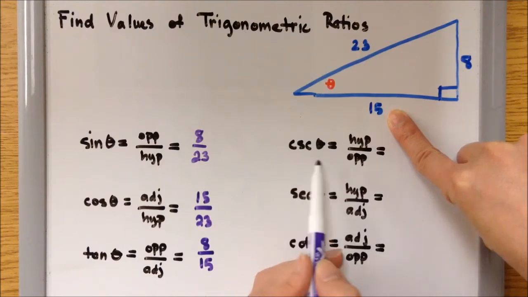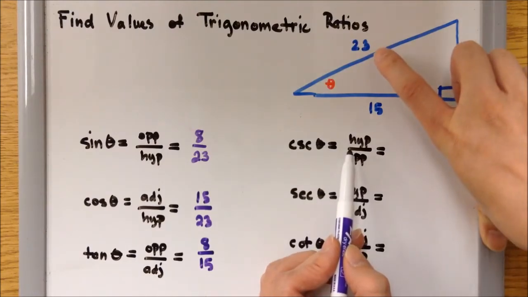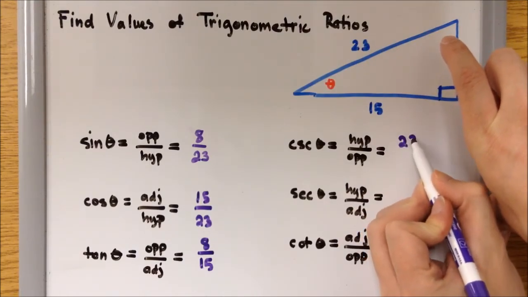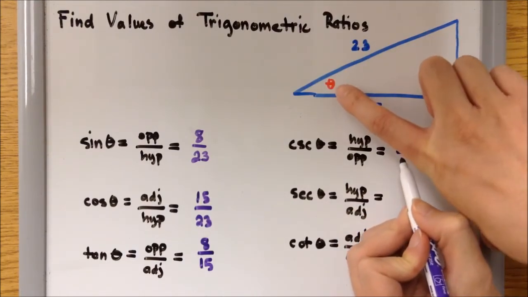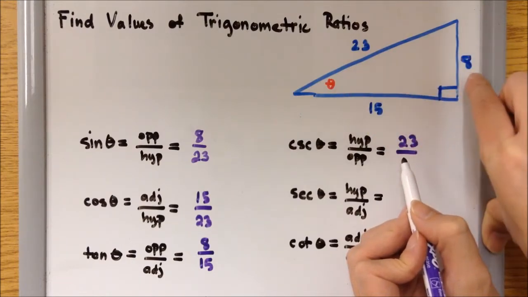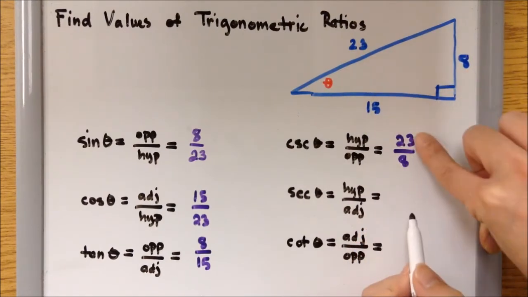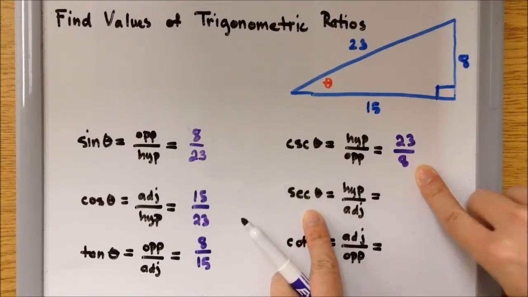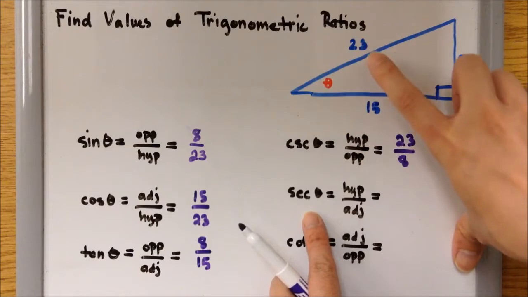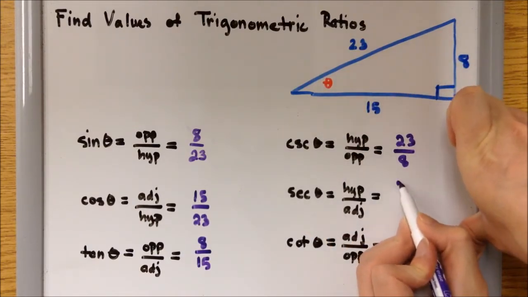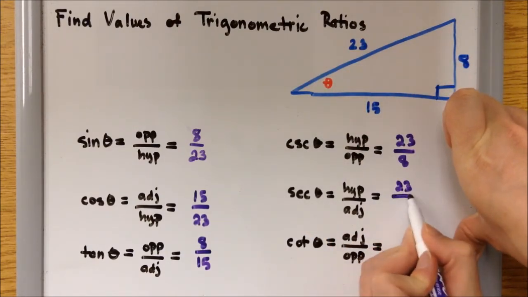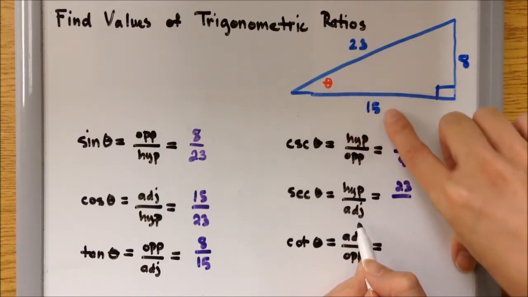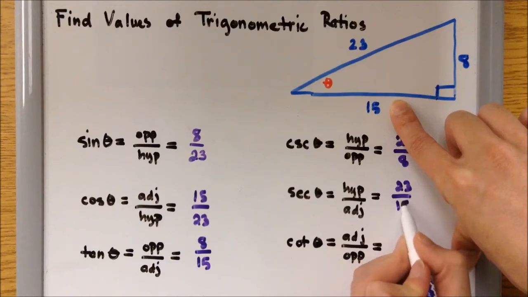Cosecant theta is hypotenuse, so 23 will be on the top, over opposite, so across from the angle is 8, so 23 over 8. Secant theta is hypotenuse, so the longest side is 23, over adjacent on the bottom, so adjacent is the side next to the angle, which is 15, so 15 will be on the bottom.